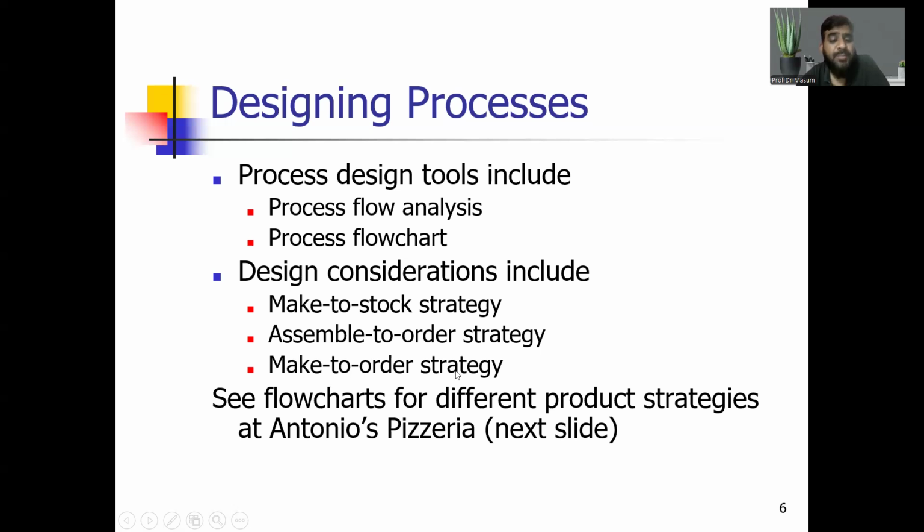And sometimes it is make to order. Make to order means that you will place the order, they will make the product, and then they will deliver. Our garments production in Bangladesh is make to order. Your dress from the tailor is the make to order strategy.